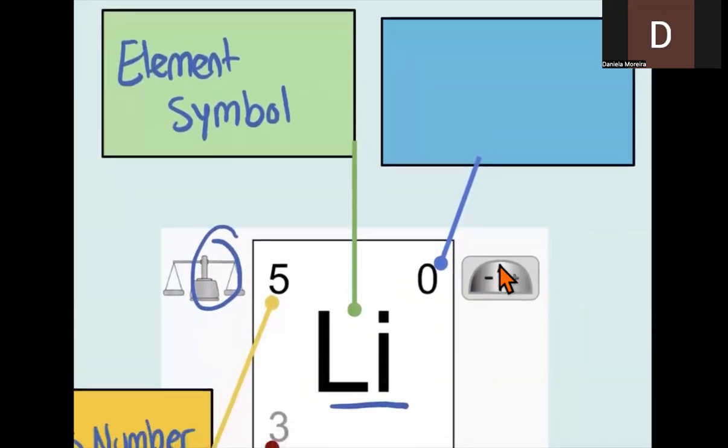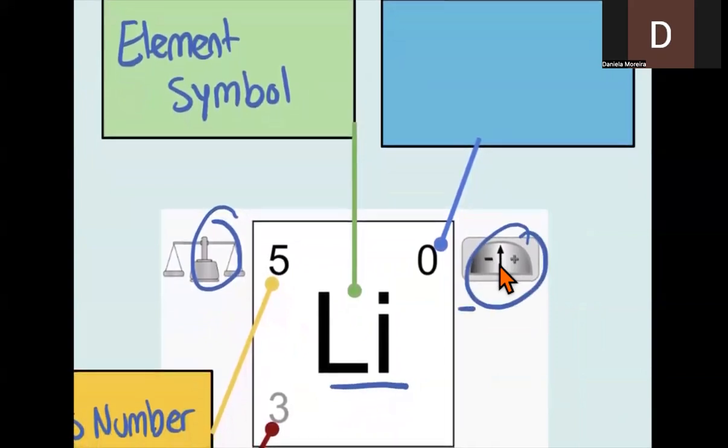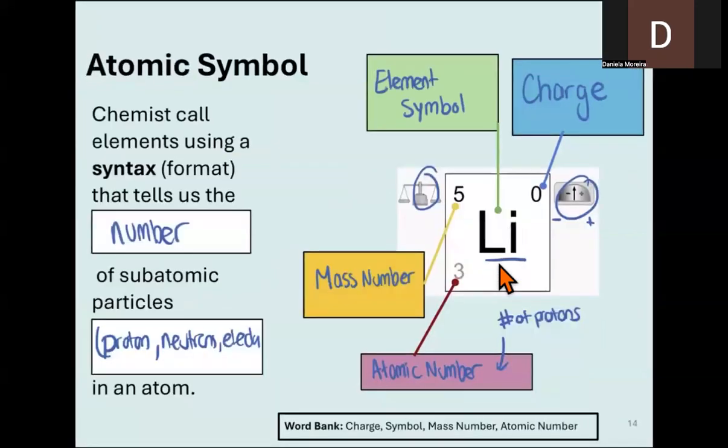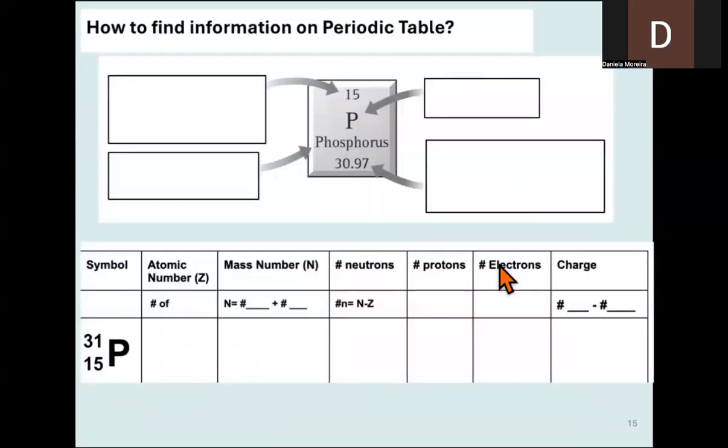And lastly, we see that this one could be negative or positive, and this is the charge, which gives us really important information about the number of protons and electrons in the atom. So typically when we're identifying things, we use the periodic table. First, we're going to talk about how we can read the symbol so we can extract the information. So here we have an example of phosphorus-15.